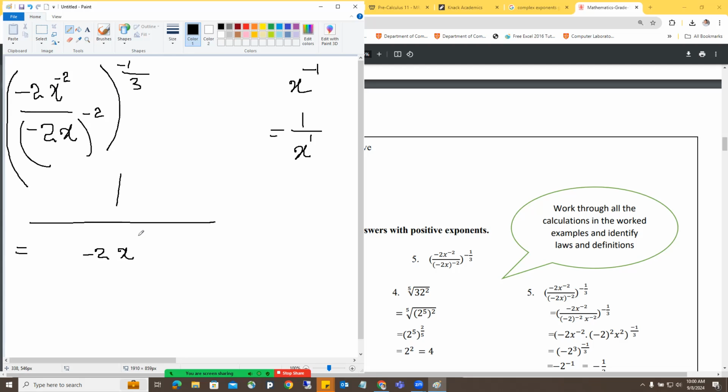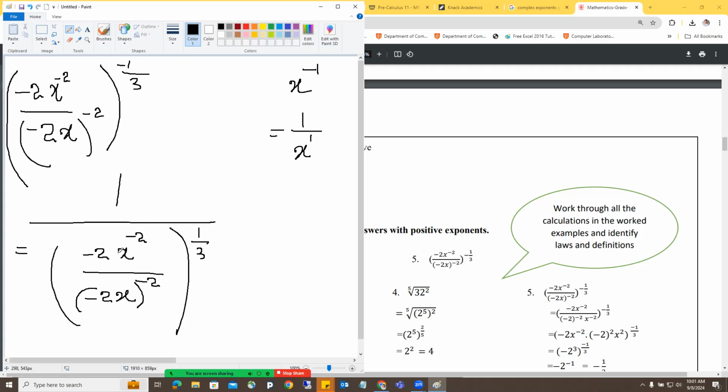Minus 2x minus 2 divided by minus 2x minus 2, to the whole thing. We have 1 over 3rd power.